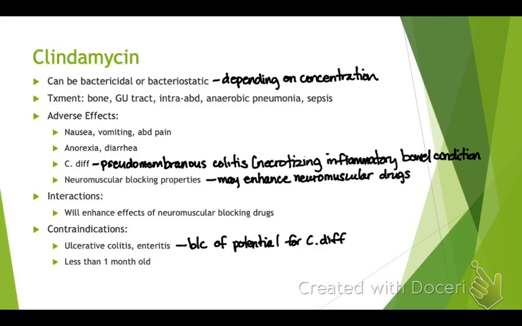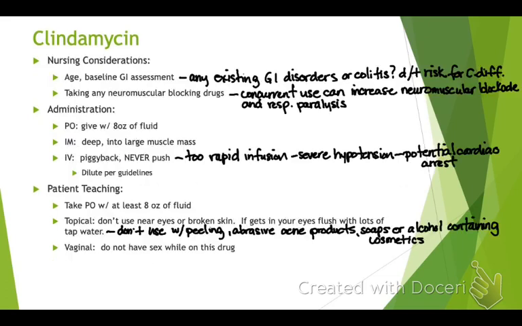Interactions: clindamycin will enhance the effects of the neuromuscular blocking drugs, and that's important for you guys to know. And again, contraindications for giving clindamycin: ulcerative colitis or enteritis because of the potential for C. diff, and children less than 1 month of age.